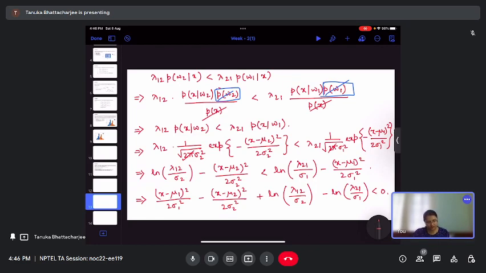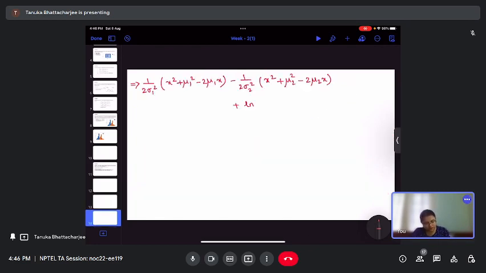So we can combine it in one term. So it will become ln of lambda 1 2 by sigma 2 into sigma 1 by lambda 2 1. This should be less than 0.